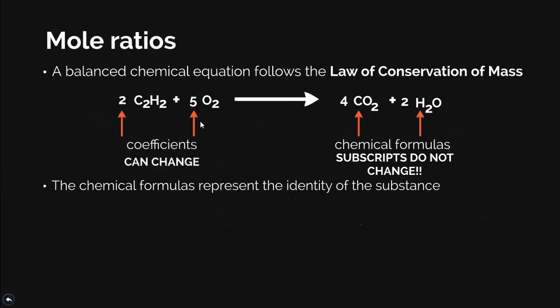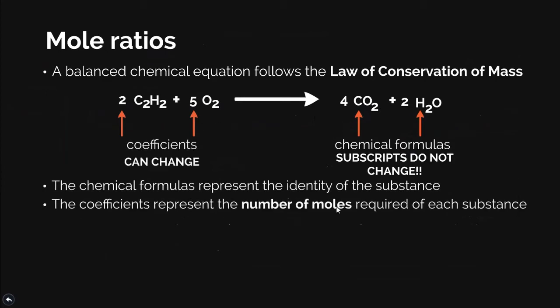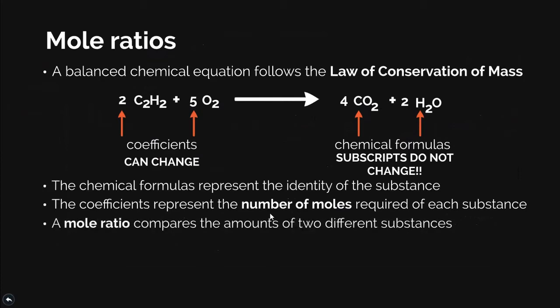And this tells us how many moles of each substance we can have or what we need. So remember, for our mole ratios, we're going to be focusing on the coefficients, and this is where we get the number of moles to set up our mole ratios. And all we're doing with a mole ratio is just like a normal ratio where we compare the amounts of two different things, two different substances, two different chemical formulas in these examples.